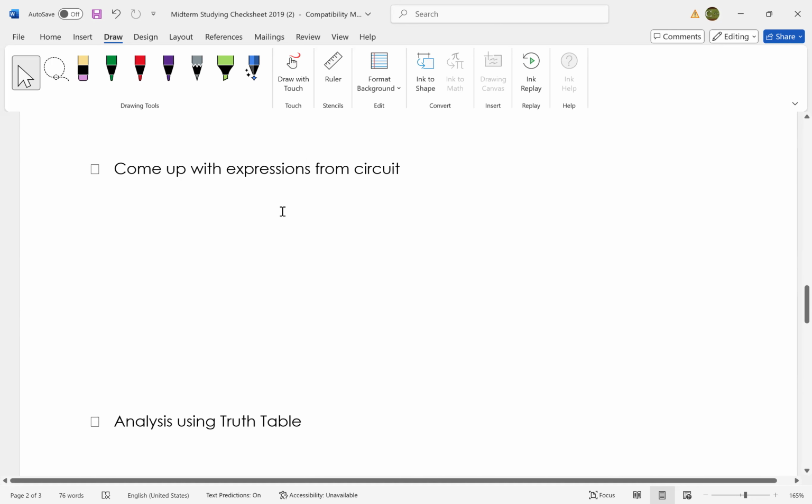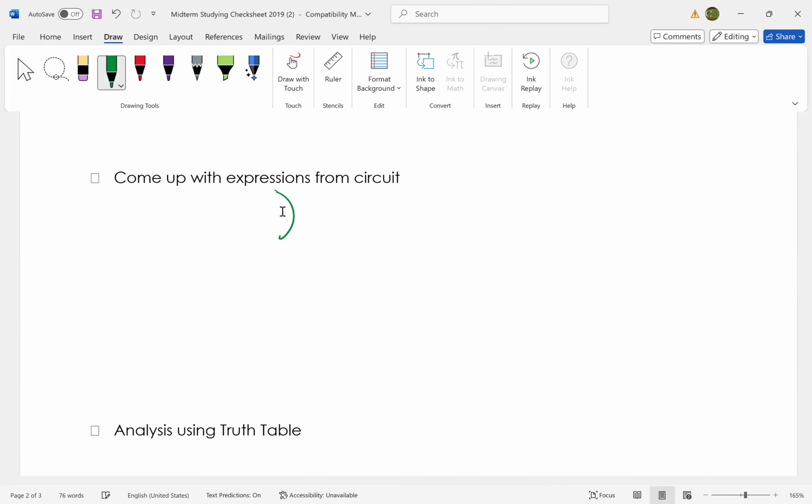Here's an example of coming up with an expression from a circuit, from a midterm level type of question. That's an AND gate in there. Drew kind of small there, and there's an inverter before that.